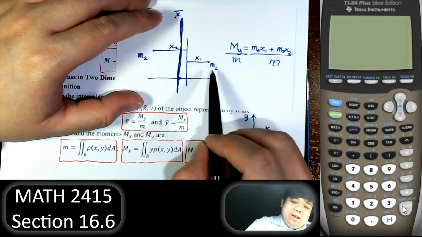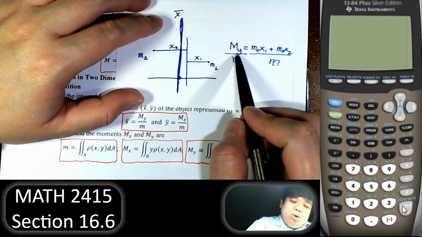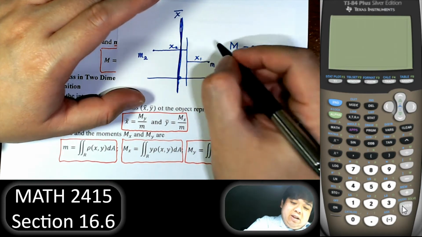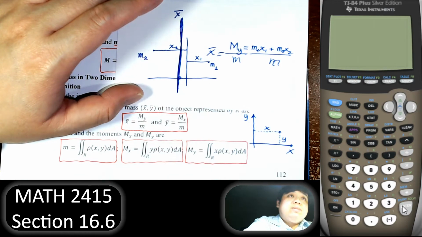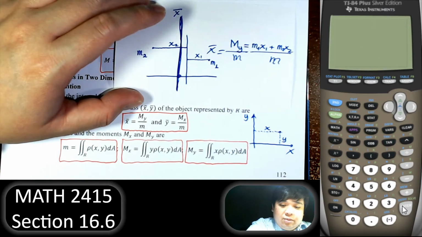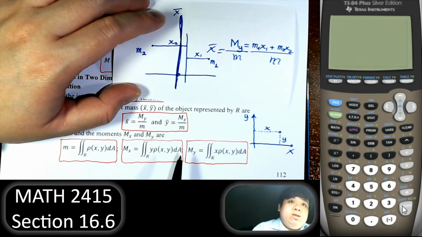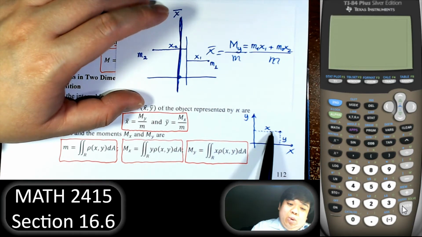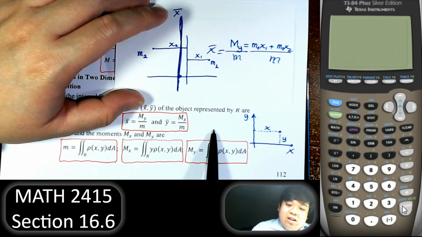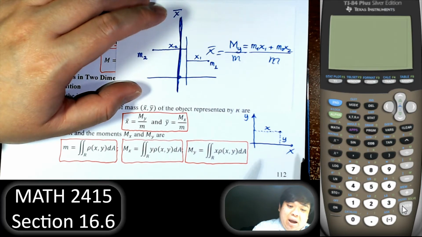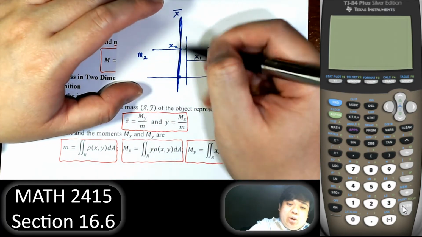So our moment about the y-axis divided by m gives us x bar. So the formula is not backward, it makes perfect sense. We need the sum of all the moments about the y-axis divided by the mass to get the average value for x.